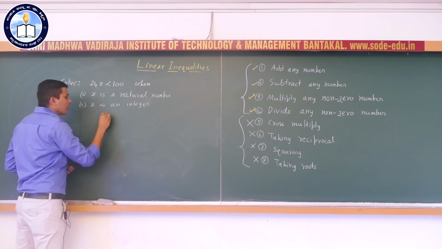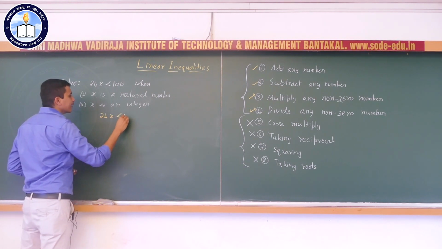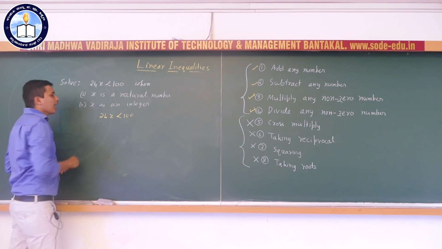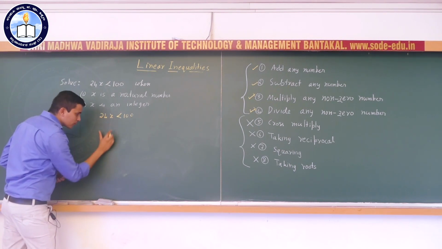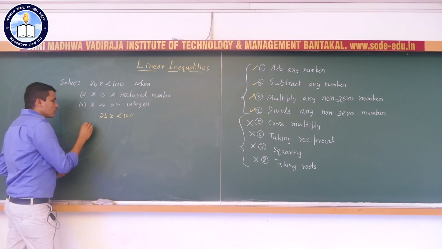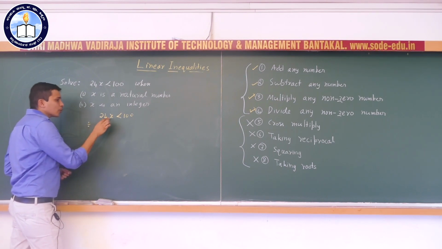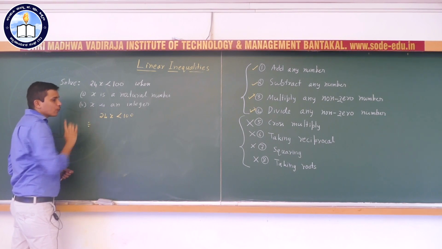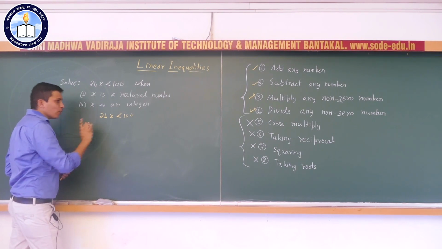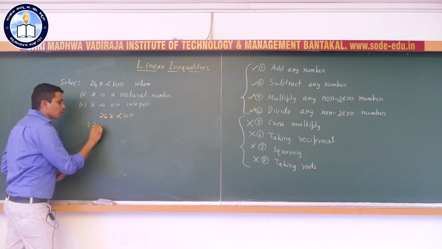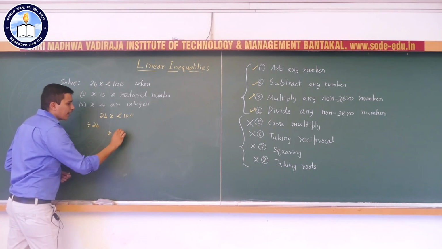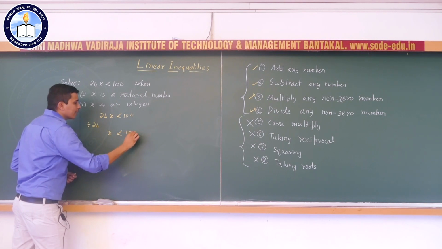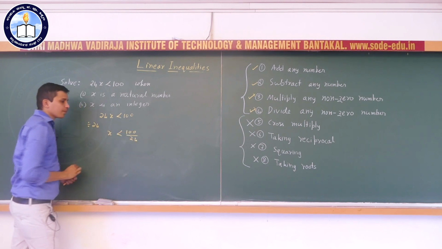Here 24x is less than 100. So what I do is I'll divide. I need to solve for x, right? So I need to get x on the left hand side. I don't want that 24, so I'll divide on both sides by 24. In that case, the left side is x and the right side is 100 divided by 24, correct?